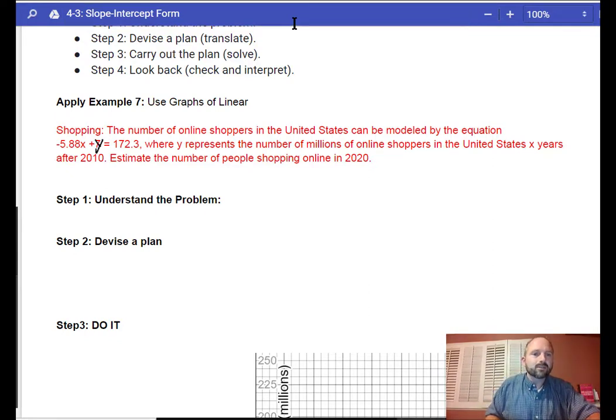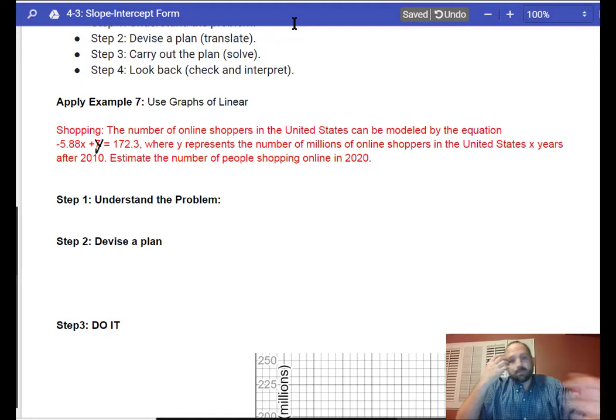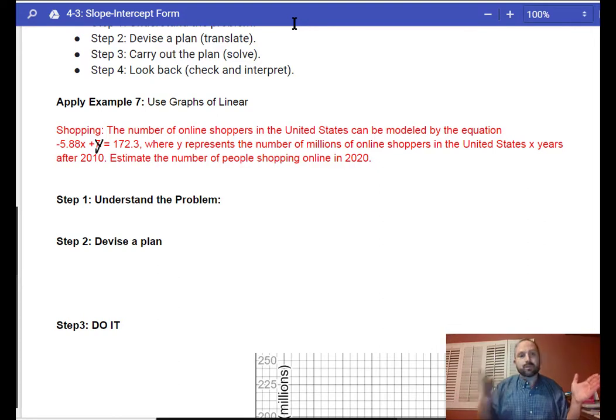So -5.88x plus y is equal to 172.3, where y represents the number of millions of online shoppers in the United States, and x is the years after 2010. So if it's 2010, it's 0. Estimate the number of people shopping online in 2020. So we're talking about a 10-year period. So our domain, our x values, we would probably want to go 11 years. 0 to 11, because we want 10.